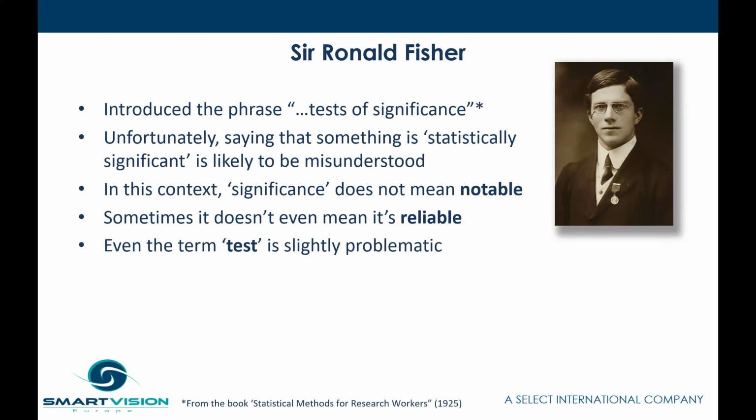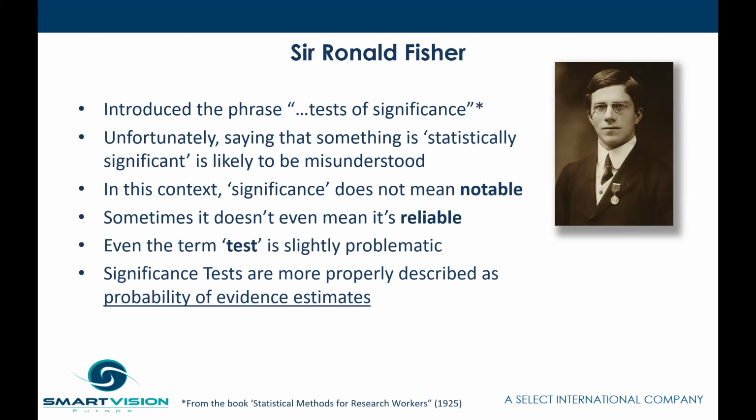If you wanted to come up with a more accurate phrase to describe it, it would be that significance tests are described as probability of evidence estimates, which I don't imagine is going to take off anytime soon. It doesn't exactly trip off the tongue, but literally that's what it is. It is the probability of evidence, and it's an estimate more than a test. Compare that to a COVID test, which is closer to an actual test.